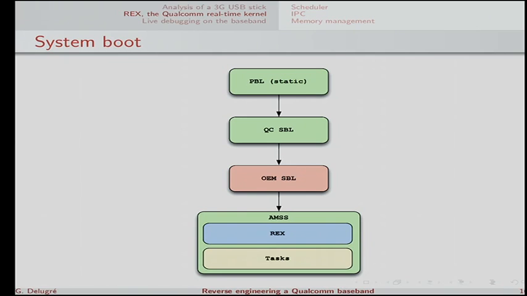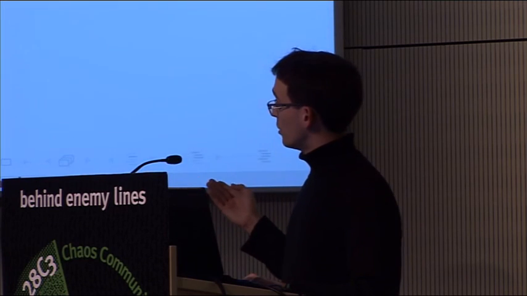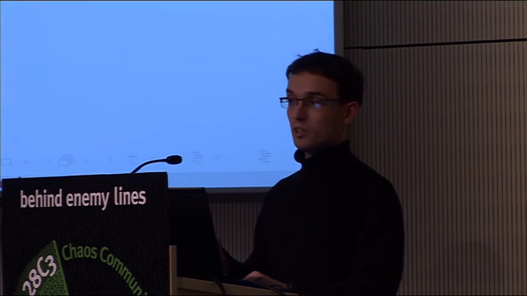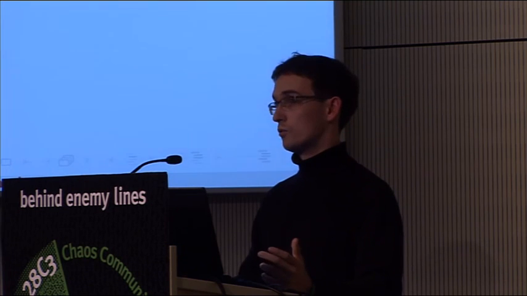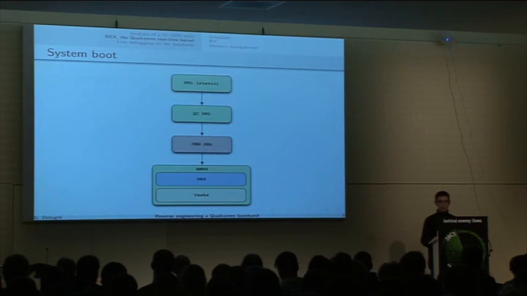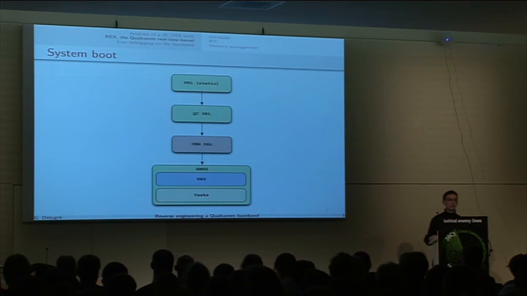This SBL is supposed to load another SBL named OEM SBL, which means the manufacturer of the phone can implement their own bootloader. For example, on HTC phones, you've got HBoot, which is the OEM SBL. So you have a menu, a splash screen, and so on. And then it loads the AMSS operating system, which is what is really running in the baseband in the end.